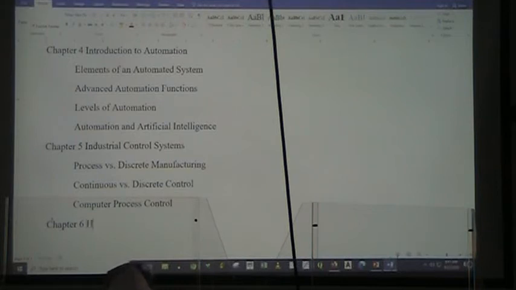Chapter 6 is hardware components for automation and process control.